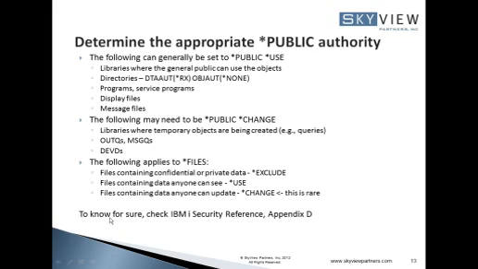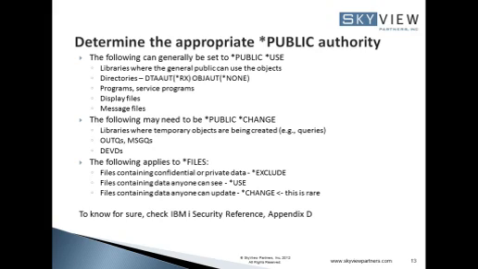Now, I have a reference down here to the IBM Security Reference Manual. There are a lot of cases where you look at the public authority of an object and you're not sure what the operating system may require to actually use that object. This Appendix D in the IBM Security Reference Manual lists all of the CL commands on the system, and it lists the authority required to run the objects that that CL command touches.